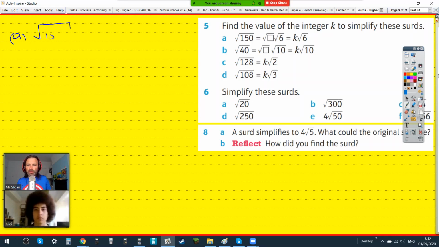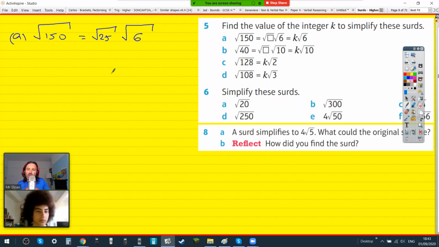Root 150 is the same as root something times root 6. What is that? It will be root 25.